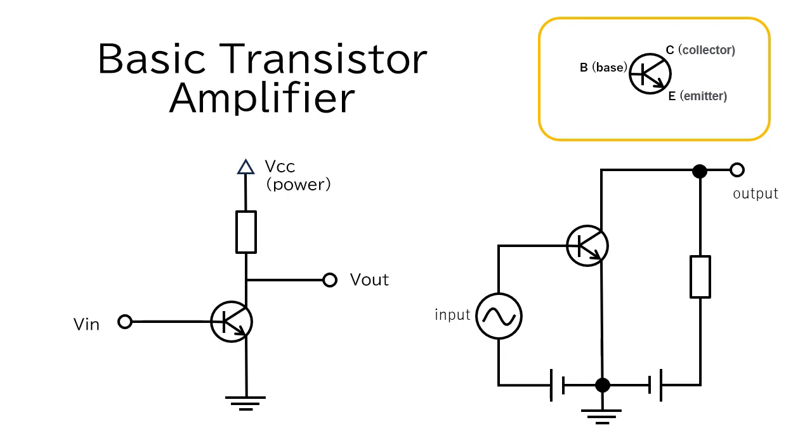In this diagram, it looks like a small signal comes into the base of the transistor and an amplified signal comes out from the collector. But there is also a resistor attached to the collector. And I wondered where the power source was.